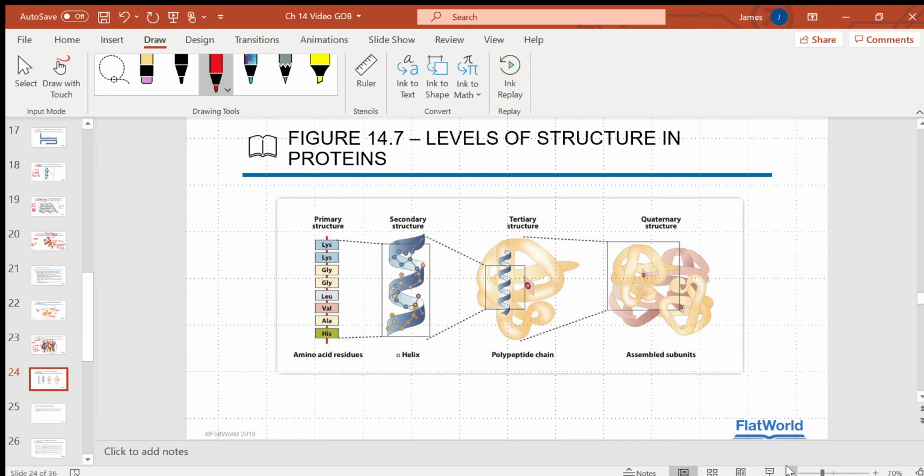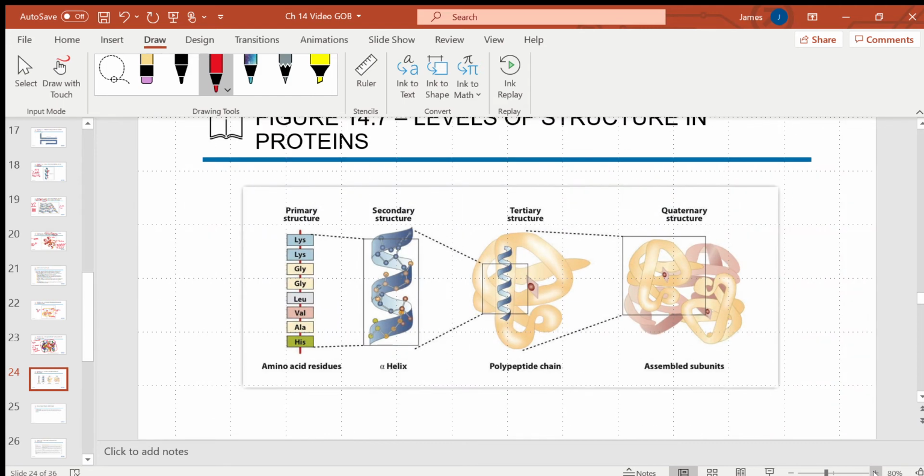This is a nice visual that summarizes the hierarchy. So we have primary through quaternary, and I don't have anything more to say on that because I think we've said everything we need to about that. But definitely you can put this in context.